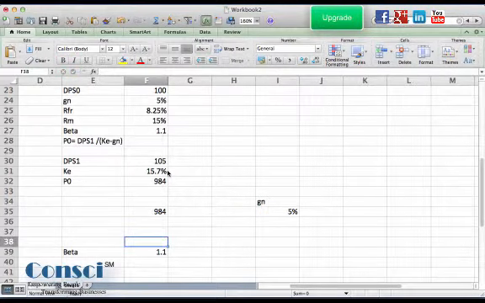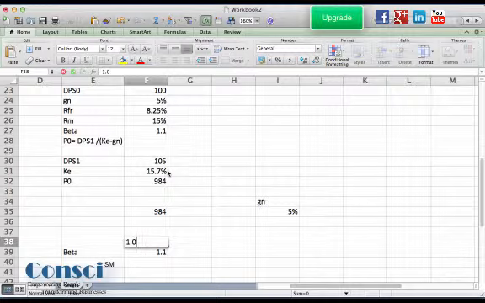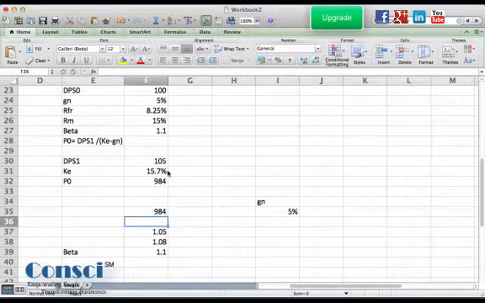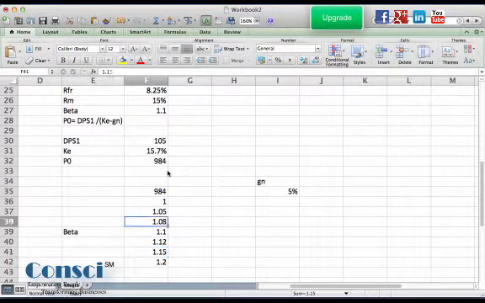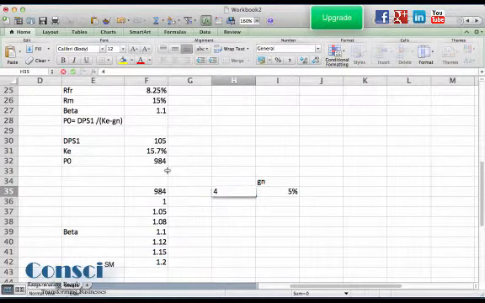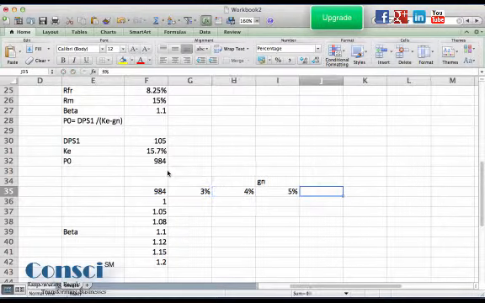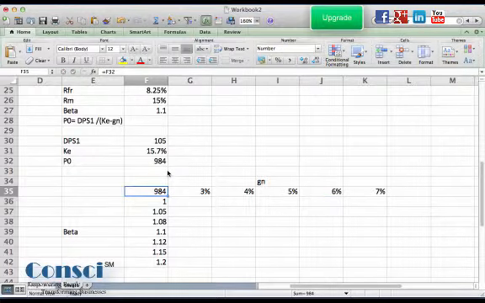So I am assuming different values of beta as 1.0, 1.08, 1.05 and 1, and over here I am assuming it to be 1.12, 1.15 and 1.20. For Gn, I am assuming values as 4%, 3% on the lower side, and 6% and 7% on the higher side. That's it.